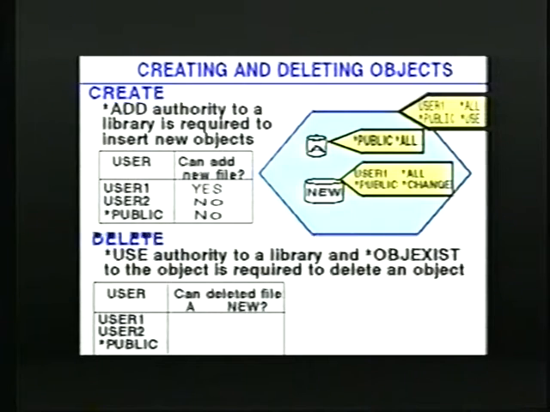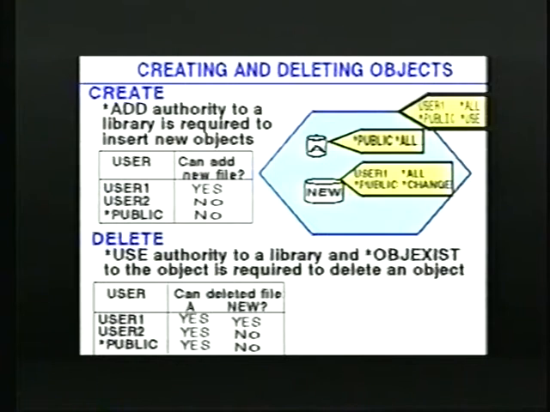If you answered every user, that is correct, because essentially even user 2 and the public, because of the public entry on the library, have enough access to get through the library controls, and then the public authority of all would let anyone delete object A. When we talk about who can delete object new, well, the public can't delete object new because change access isn't enough. Only user 1 is allowed to delete object new.